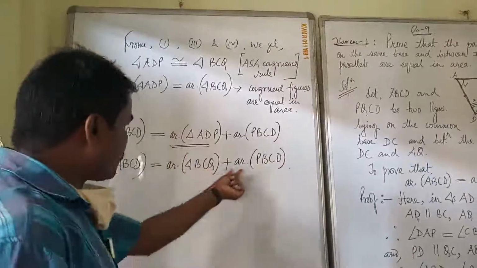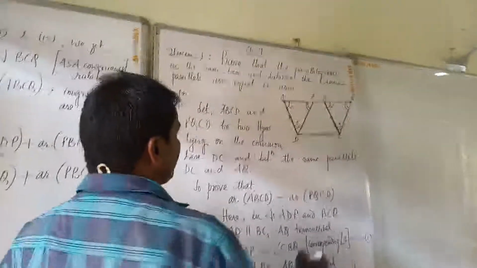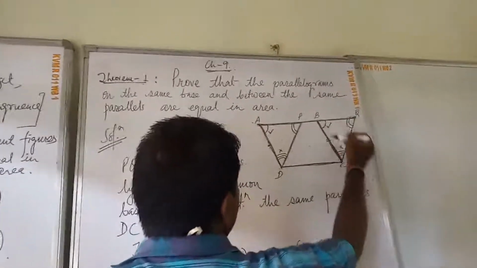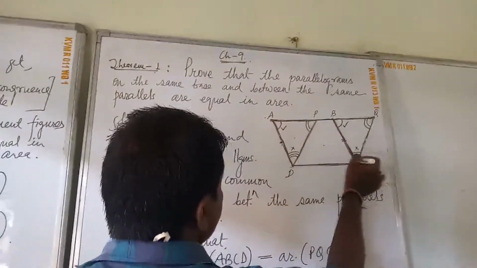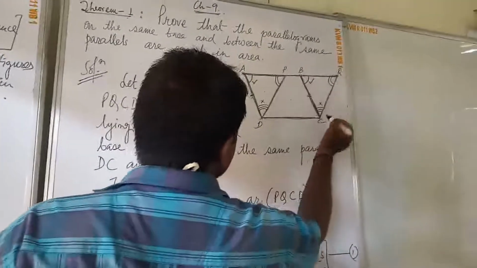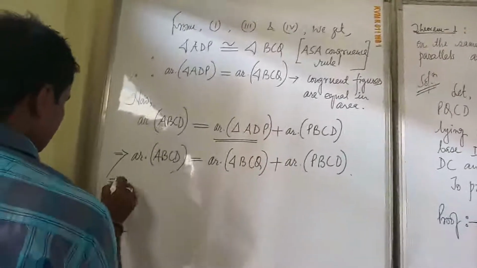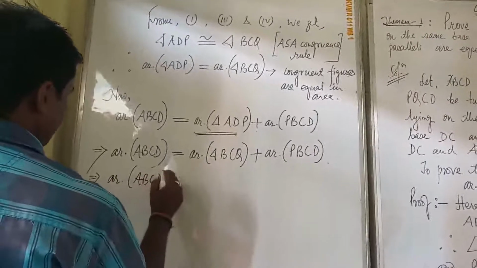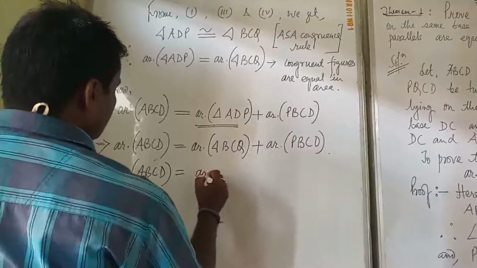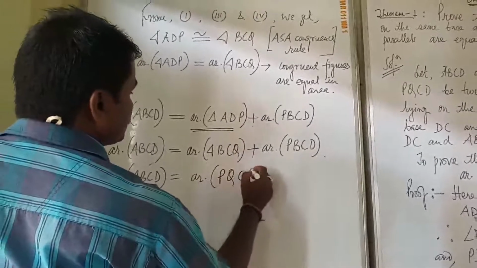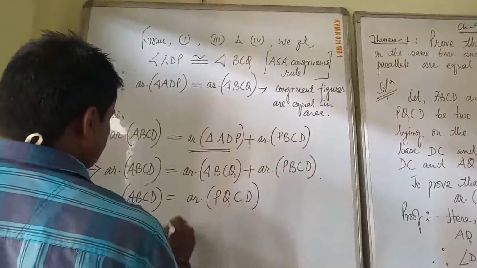Now BCQ plus PBCD, come back to the figure. BCQ, this area, plus PBCD. If we add these two, we are getting PQCD. So area of ABCD equal to area of PQCD, hence proved.